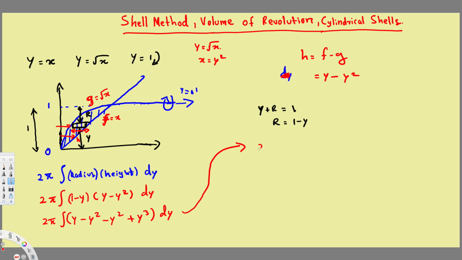So we have 2 pi outside, and the integral of y minus 2y squared plus y cubed dy. Now we can integrate this.